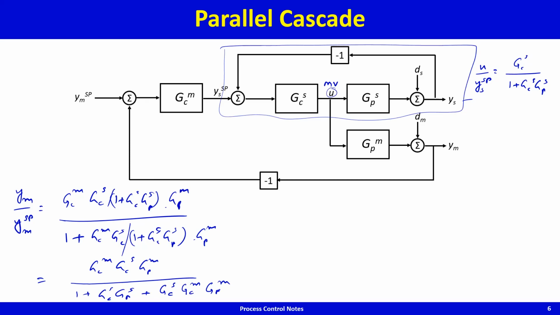And by inspection you can say, okay, whatever comes in the forward path goes in the numerator, and the denominator is what it is.